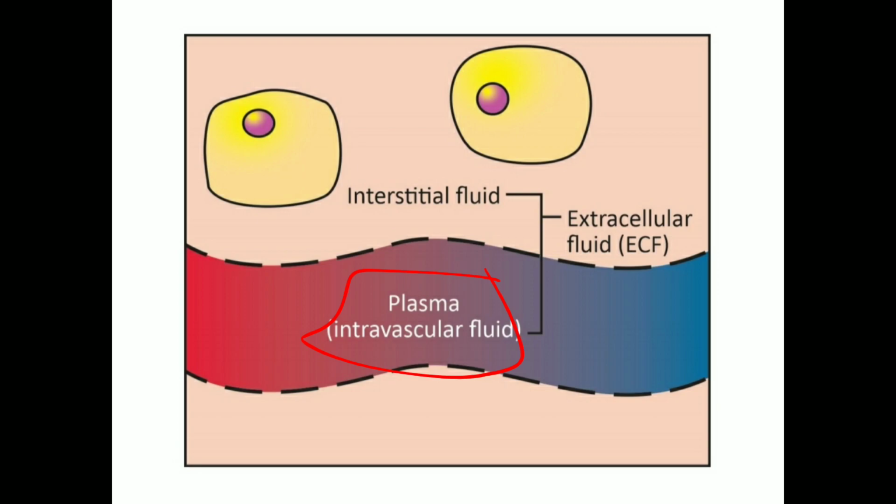That is intravascular fluid, otherwise called intravascular. Intra means inside, vascular means blood vessel. The fluid present within the blood vessel, that is the blood plasma, together with interstitial fluid forms the extracellular fluid. Extracellular fluid is composed of interstitial fluid and plasma.